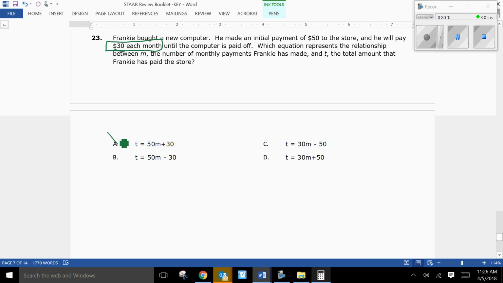So I'm rid of A and B. It says the total amount that Frankie has paid the store. So I'm not going to take away the $50 he paid, I want to add the $50 he paid because I want the total amount he paid, which would mean that I need to add those pieces together. So D is my answer.